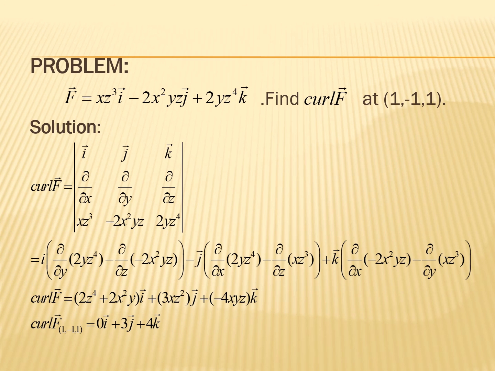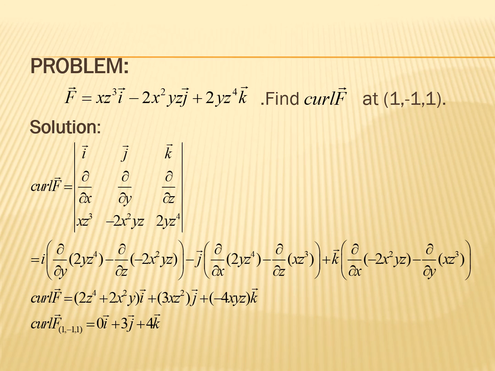So here curl, del cross F vector, is equal to the determinant of i, j, k. I am finding the del cross F vector, then I am substituting here the x, y, z values 1, −1, 1.